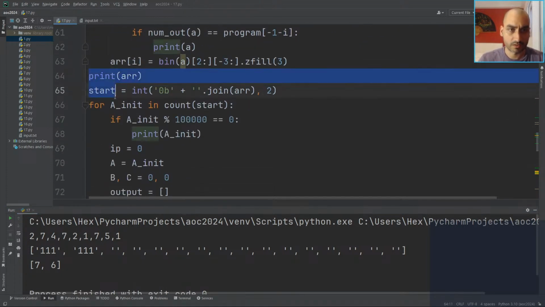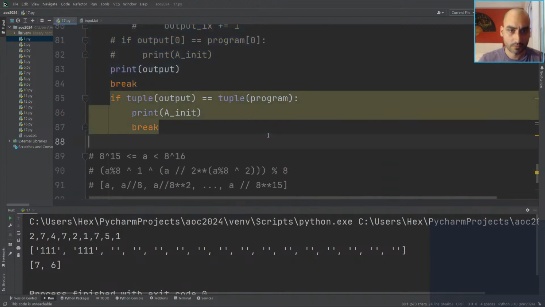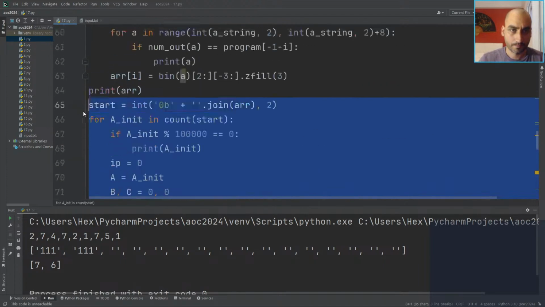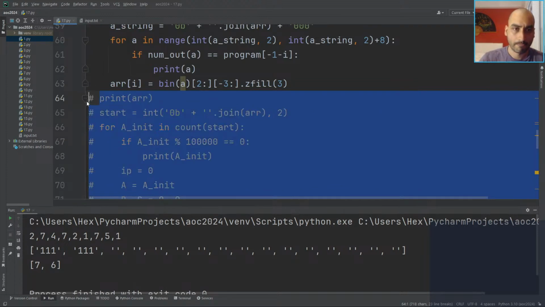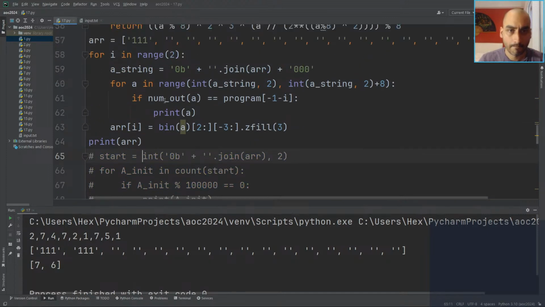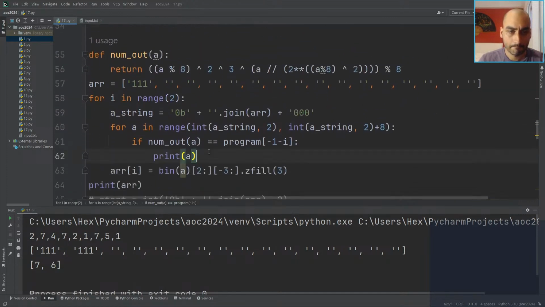Can we just turn this off? So immediately we don't find anything which matches.